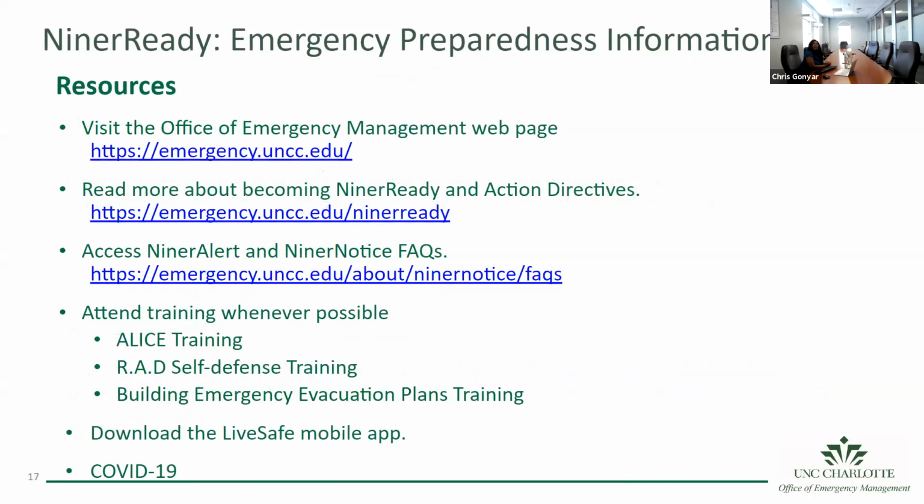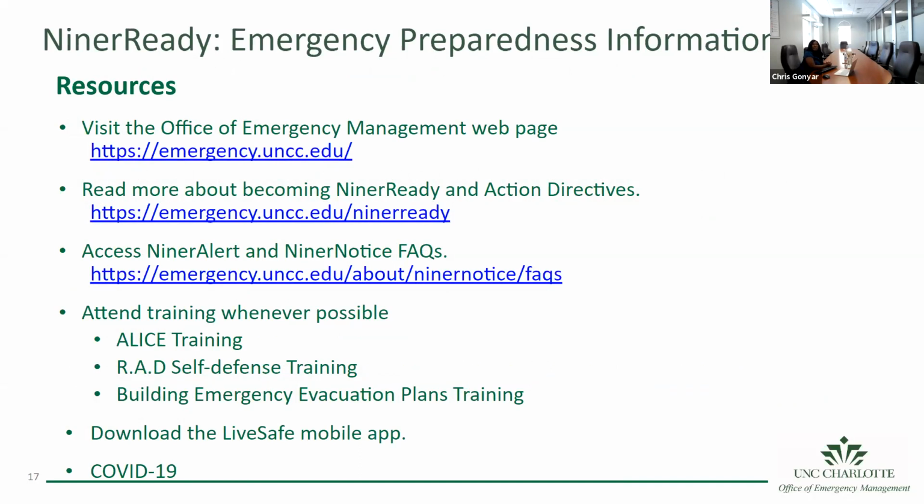Okay, so now that we've talked about our emergency notifications, our action directives, and what you need to do in certain types of situations, I just wanted to briefly discuss where you can go to receive certain information.